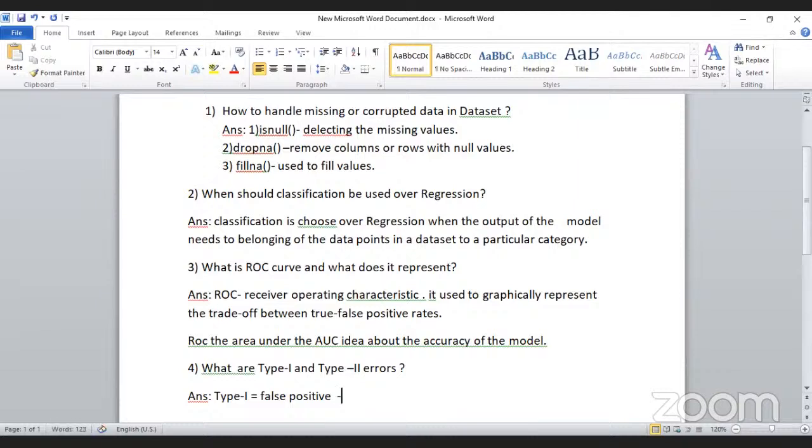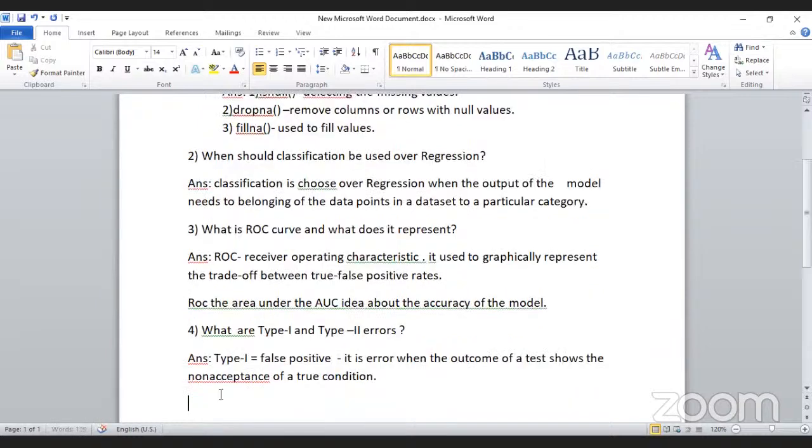In this case, we can say it is an error when the outcome of a test shows the non-acceptance of a true condition.